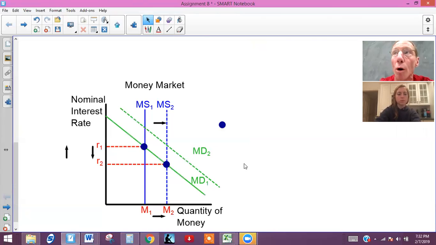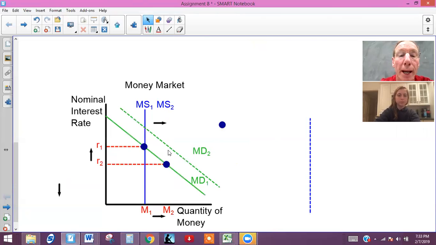Government spending more means there's going to be more money demanded. And if more money is demanded, then we're going to actually say we're here to here. We're going to raise interest rates, okay?